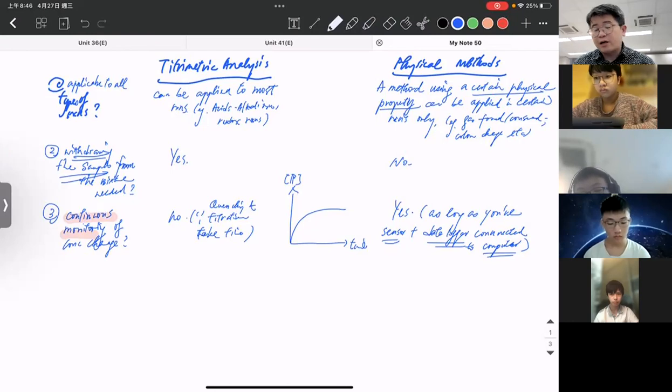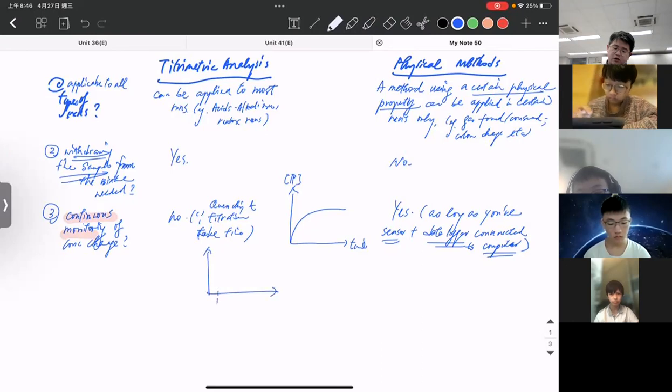But for titrimetric analysis, no, because you need to extract samples at regular times, at best maybe minute by minute. Even if you can do it as fast as once per minute, what you can plot will be something like this, product concentration versus time.